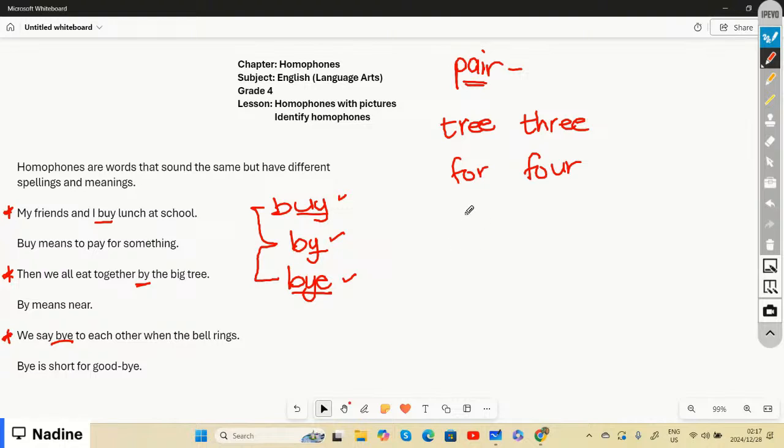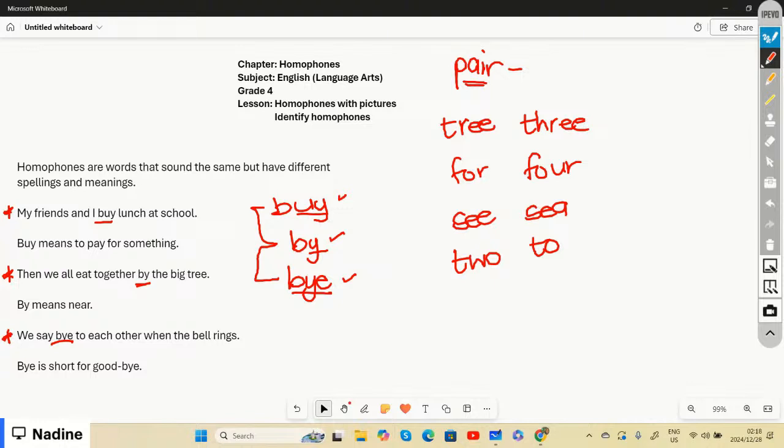And then we have see, like you see something, that is double E. And then we have sea, S-E-A, like the ocean. And then two, it's like the number two. And then to, either like where you're going to and from. So well done.